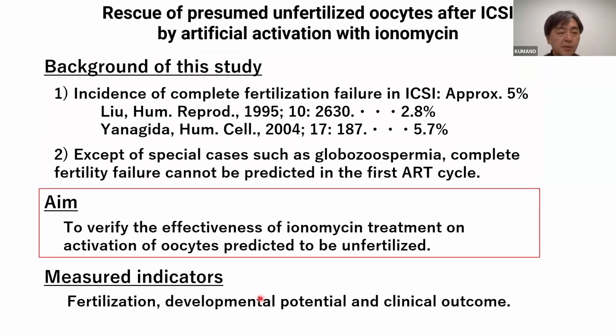So the aim of this study is to verify the effectiveness of ionomycin treatment on activation of oocytes predicted to be unfertilized by observing the second polar body extrusion 4 to 6 hours after sperm injection. And the measured indicators are fertilization, developmental potential up to blastocyst, and clinical outcome after embryo transfer.